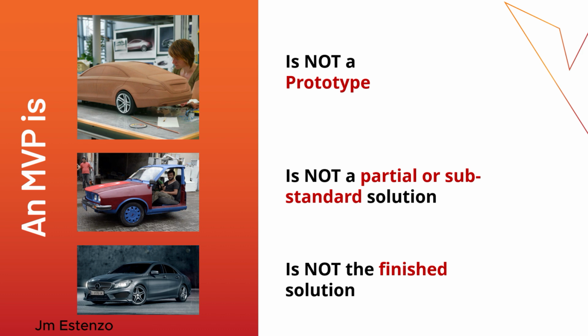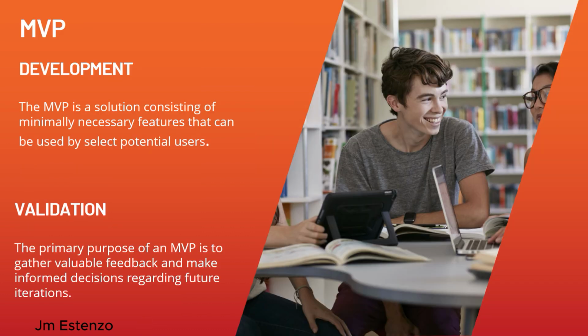A minimum viable product, or MVP, in business and product development, is a version of a new product that has just enough core features to be usable by early customers who can then provide feedback for future product development. MVP development refers to the process of creating a minimum viable product, which is the most basic version of a new product that is functional enough to be released to early customers.